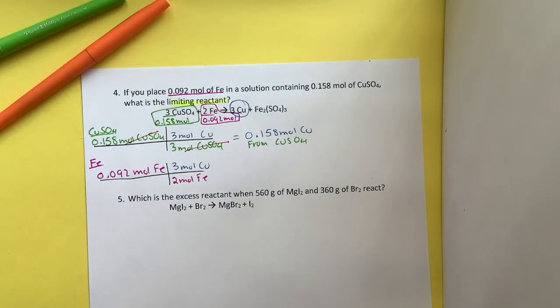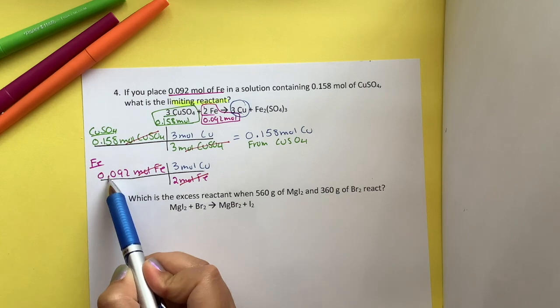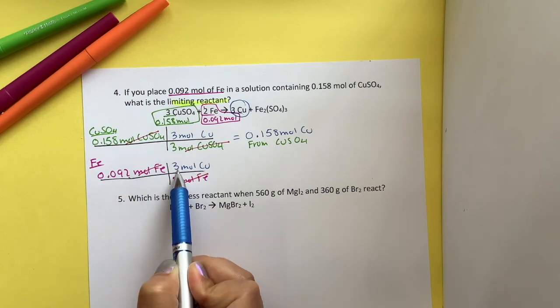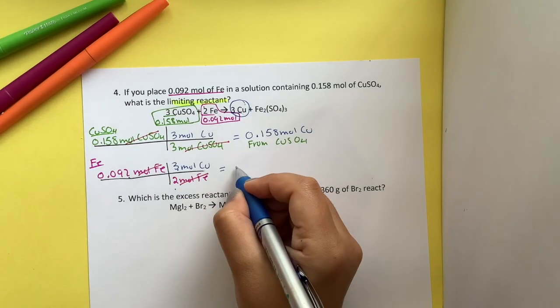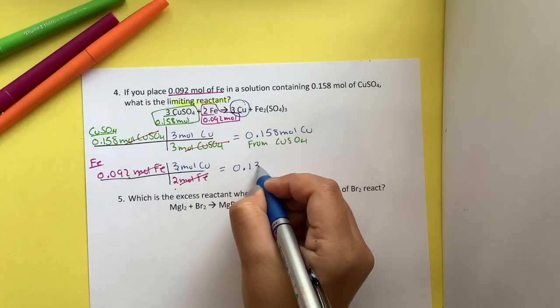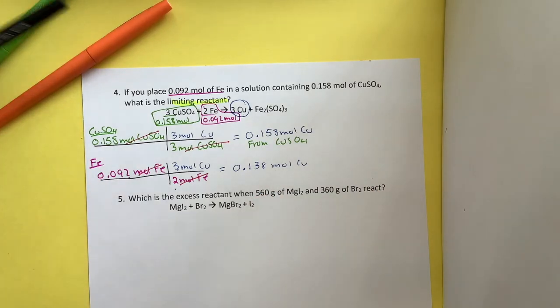Okay, like this, the moles of iron get canceled out. So now I'm going to get my calculator, multiply 0.092 times 3, divide that by 2, and I get 0.138 moles of copper. And that came from iron.